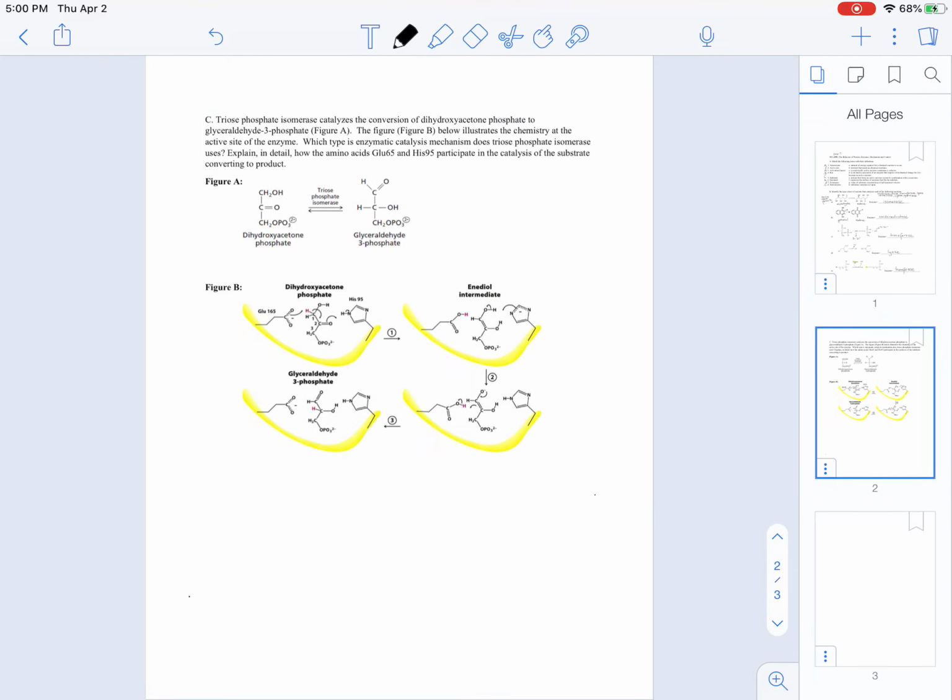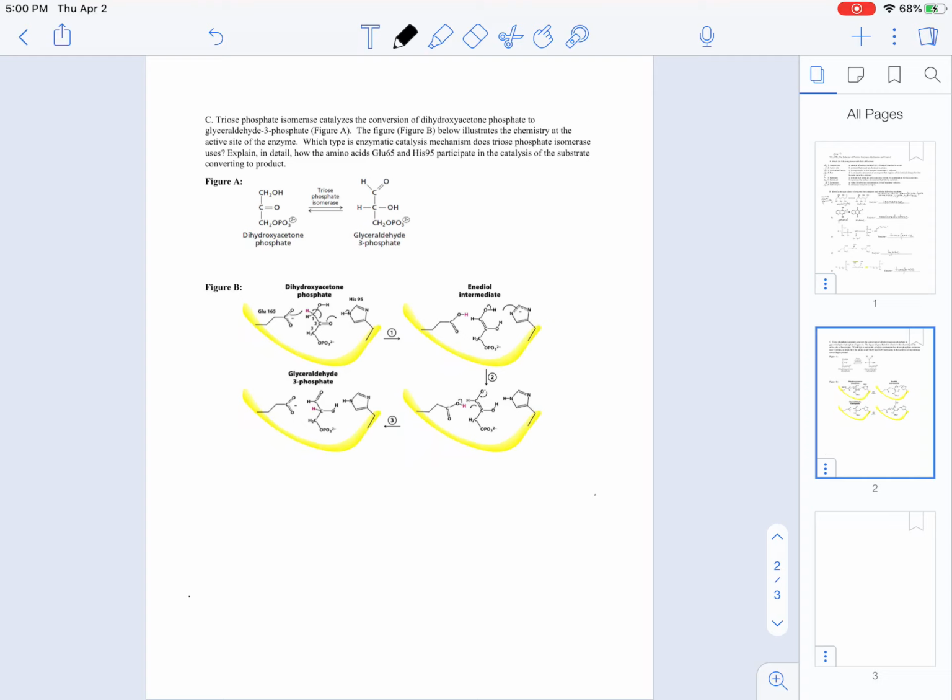Let's move on to part C. It reads: triose phosphate isomerase catalyzes the conversion of dihydroxyacetone phosphate to glyceraldehyde 3-phosphate, and that can be illustrated in figure A. Figure B, which is below A, illustrates the chemistry at the active site of the enzyme.